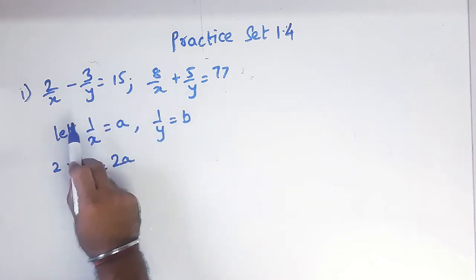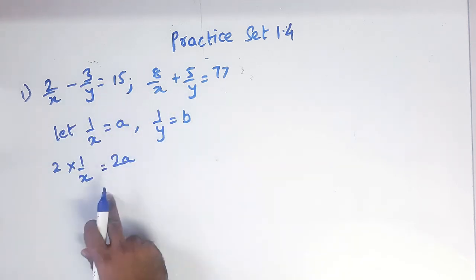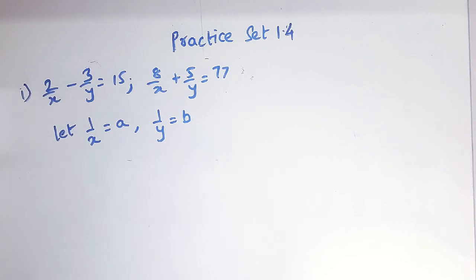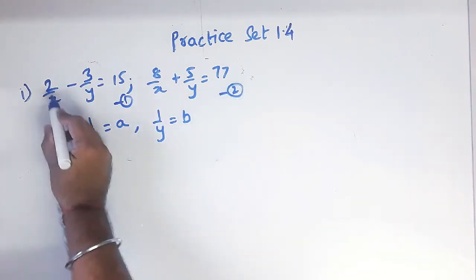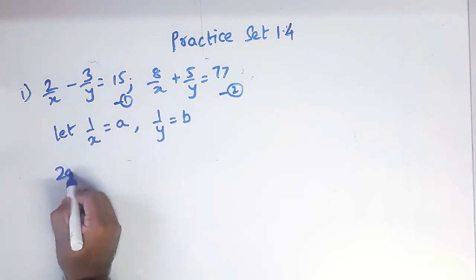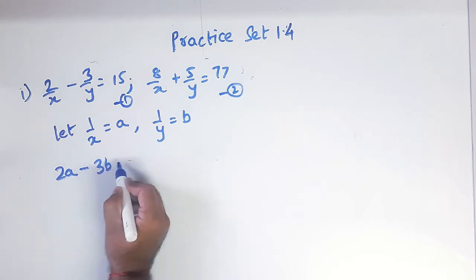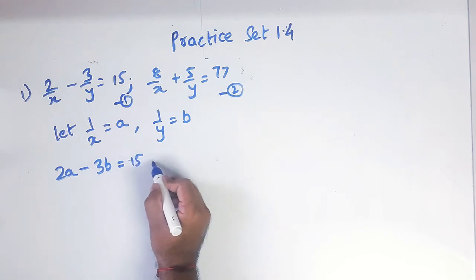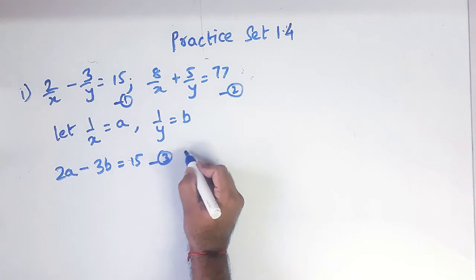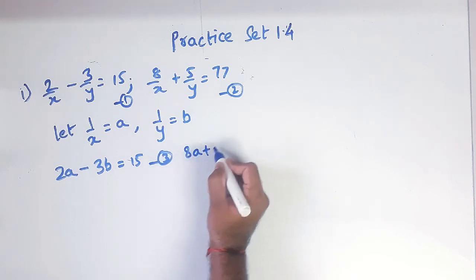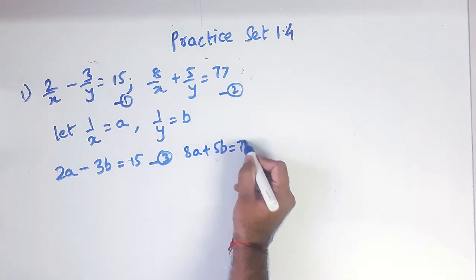Likewise everything will get changed. Let us write this. If I take this as 1, this as 2, this will become 2a minus 3b equals 15. I'll give this third one, and this will become 8a plus 5b equals 77.